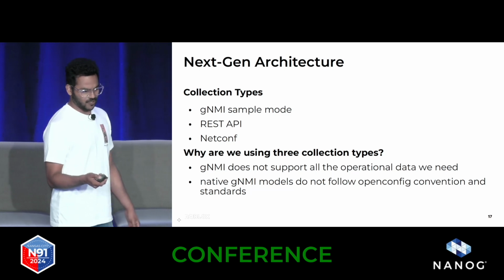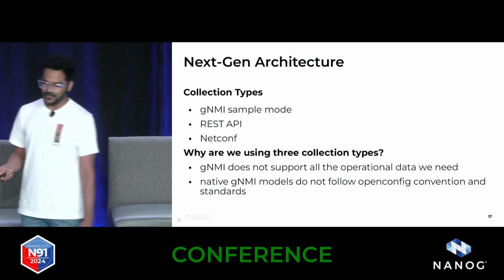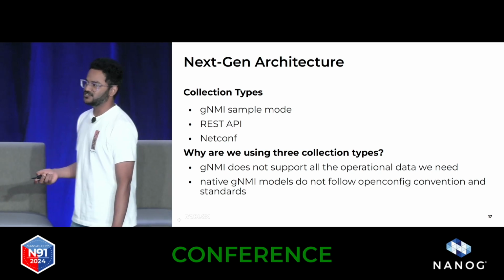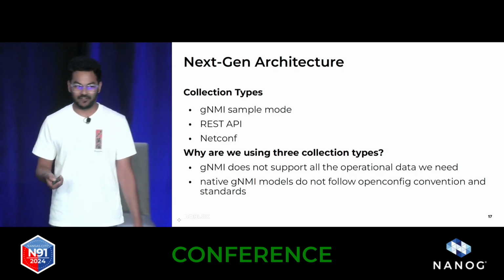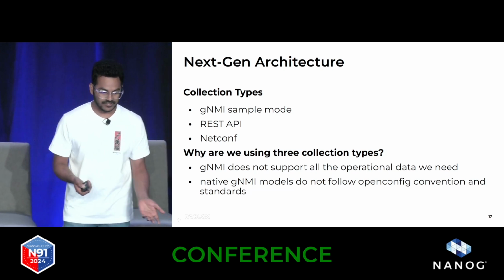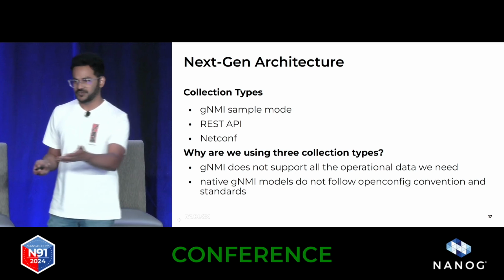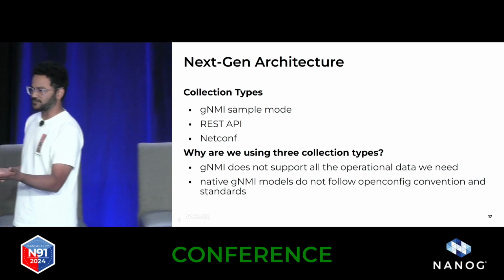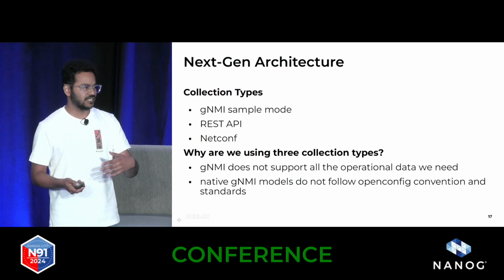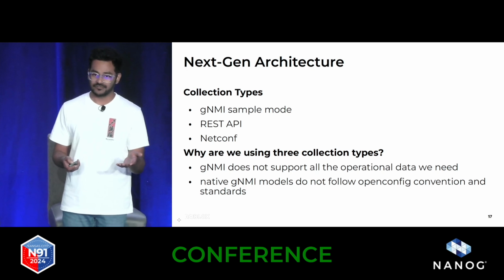But if you see, along with GNMI, we also have REST API and NETCONF. Why do we have that? Well, we realized that GNMI doesn't have everything that we need. We wanted a lot of operational data, and GNMI didn't have it. There's always an argument that you can use native GNMI paths. Native paths are the ones maintained by the vendors themselves.